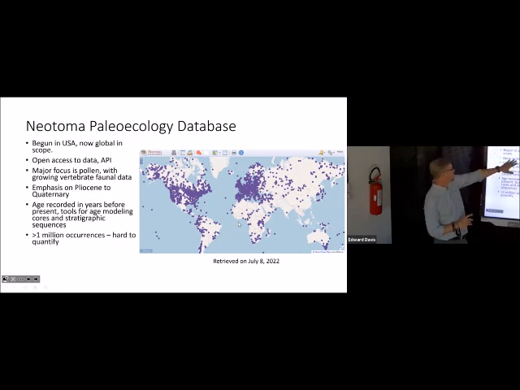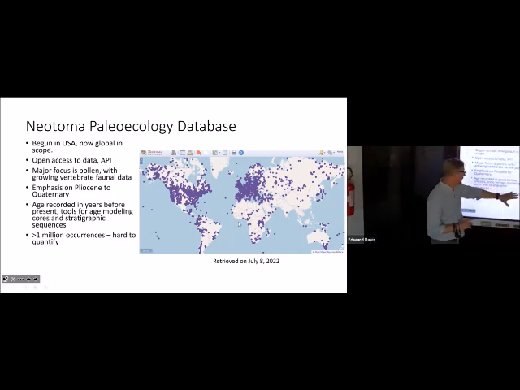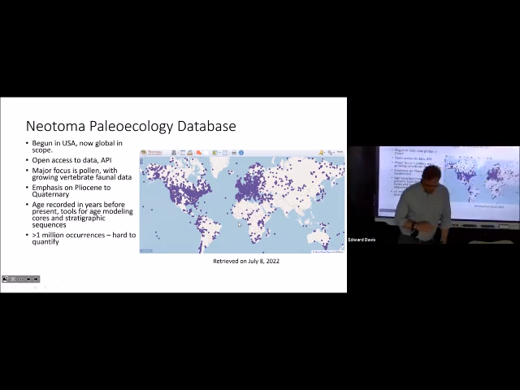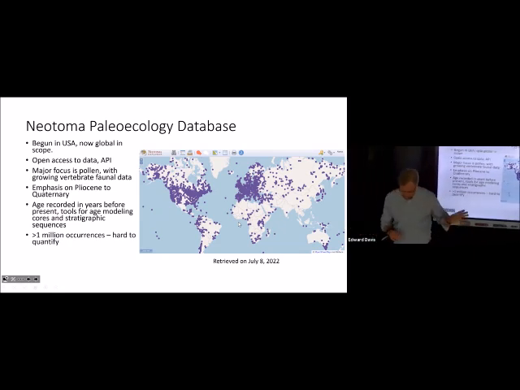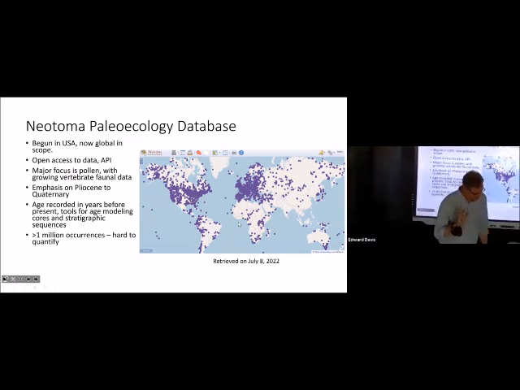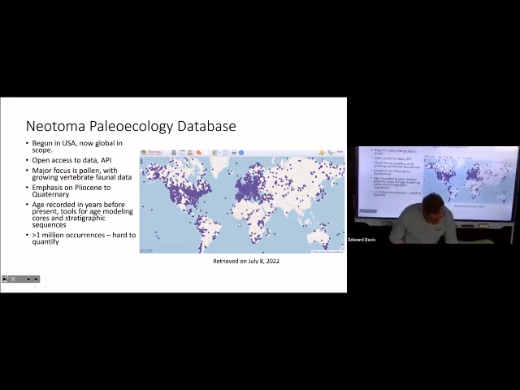Again, it was started in the United States, but it's global in scope. In fact, it includes the European Pollen Database, so most of those sites in Europe are fossil pollen data. There are over 1 million occurrences, but I need to talk to the Neotoma folks because it's really hard to tell exactly how many they have. And that's something that you should be able to brag about.